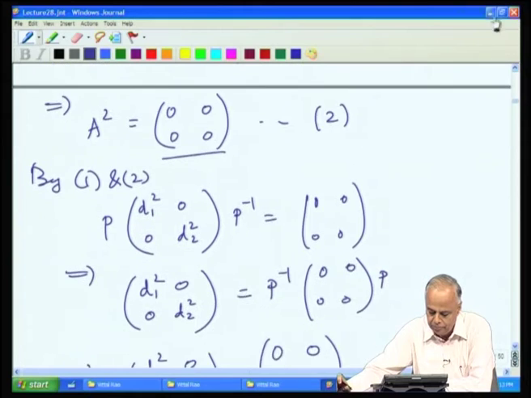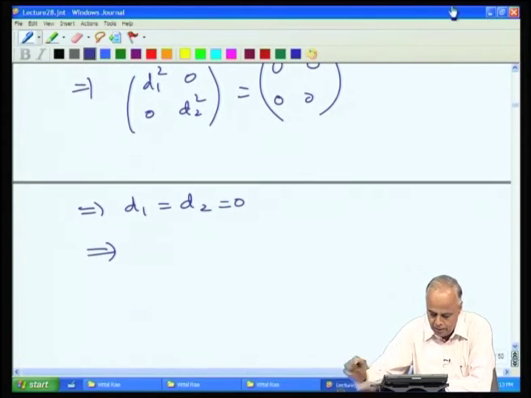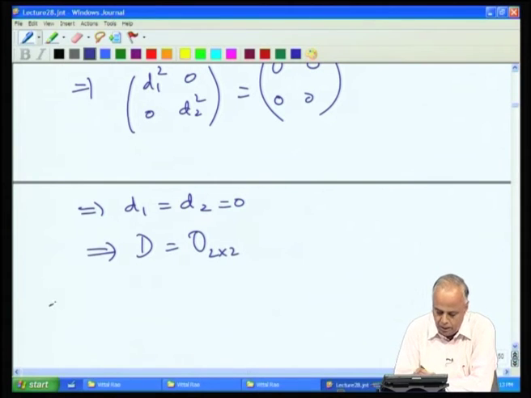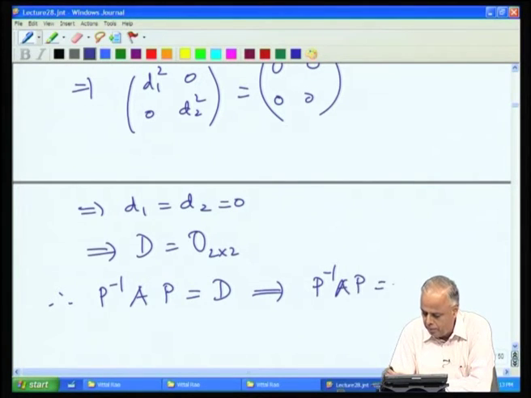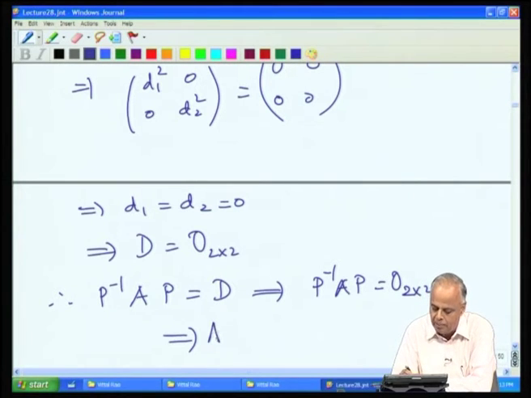Therefore, P inverse A P equal to D implies P inverse A P is the 0 matrix, and once again taking the P's to the other side, we get A is the 0 matrix.